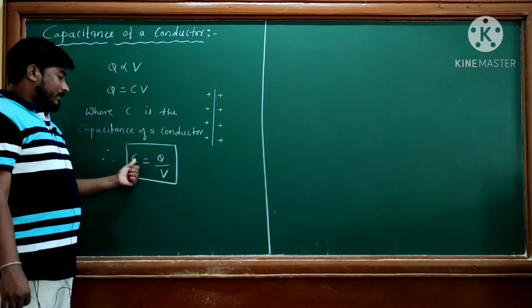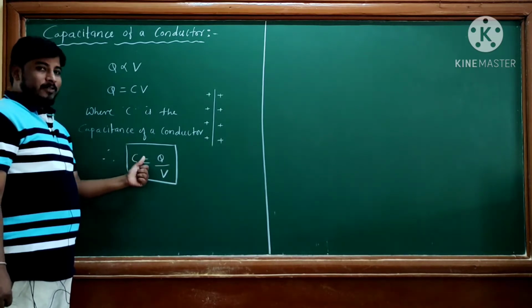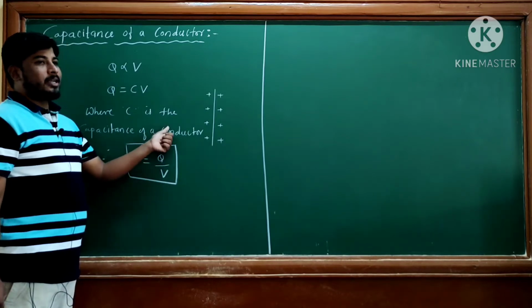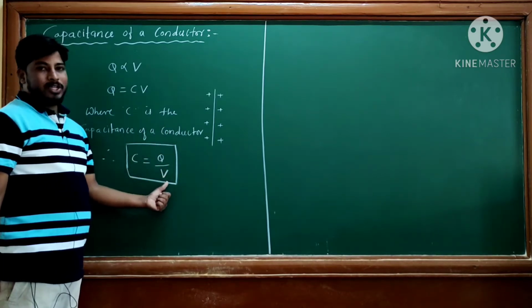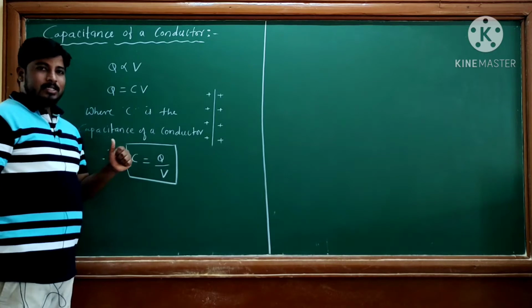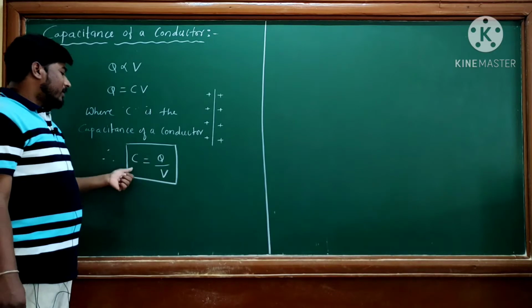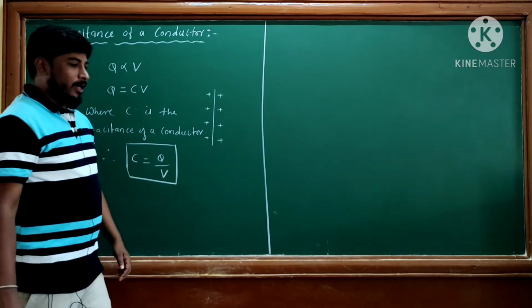So, capacitance of the conductor is defined as the ratio of charge given to the conductor to raise its potential. Charge given to the conductor to raise its potential is called the capacitance of that conductor.